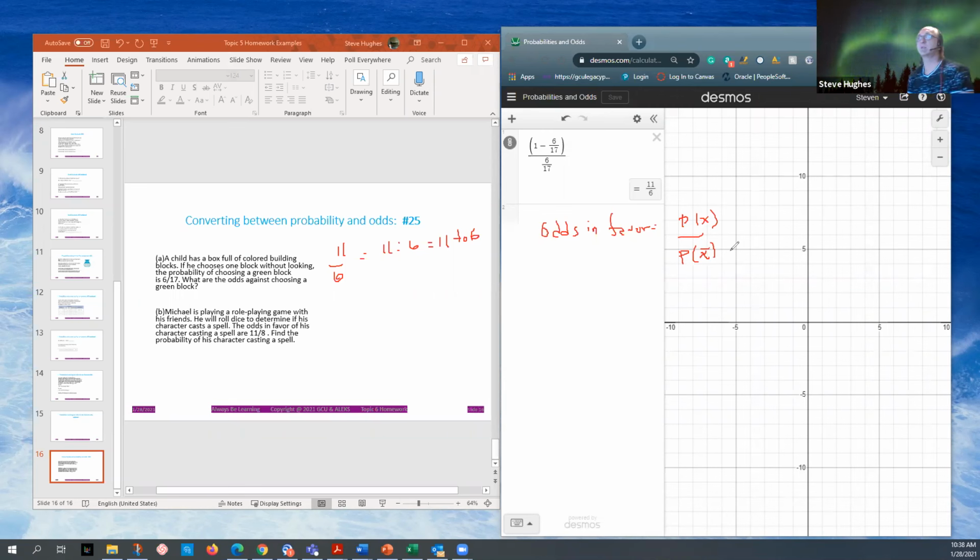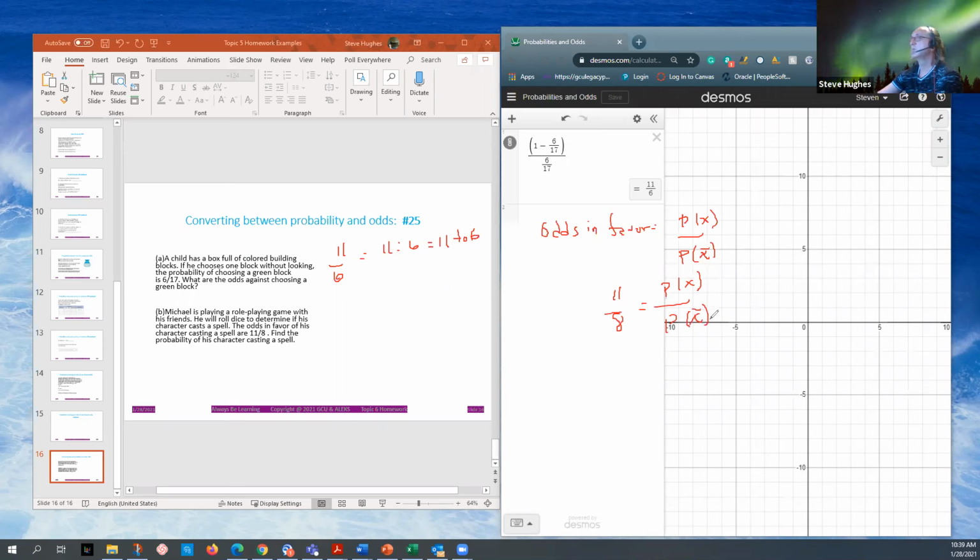So in this case, it tells me that the odds in favor of his character casting a spell are 11/8. What is the probability of his character casting a spell? All right, this is what we're looking at.